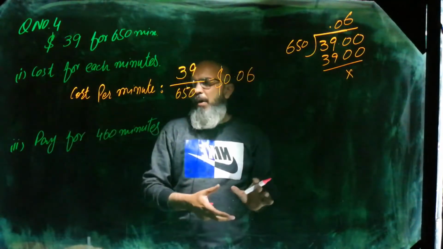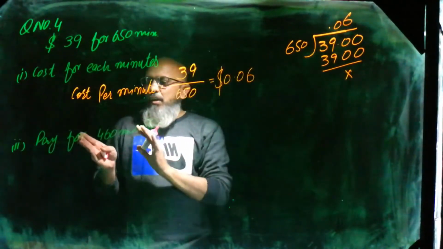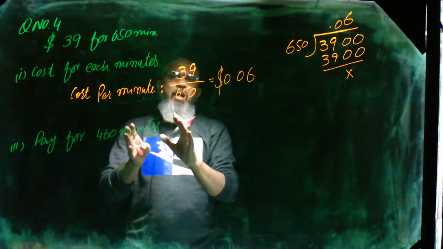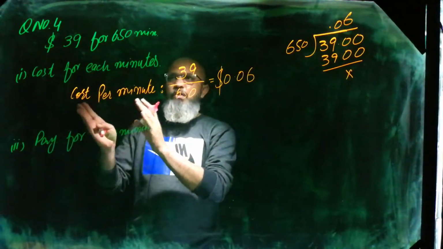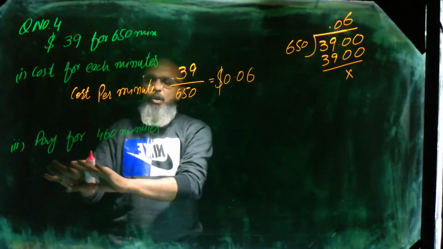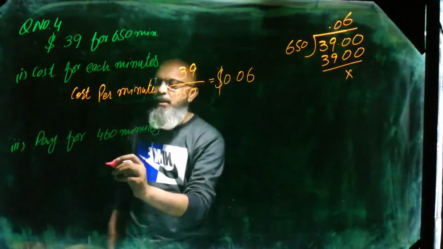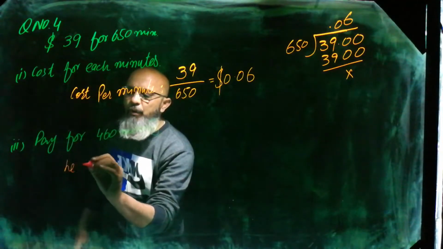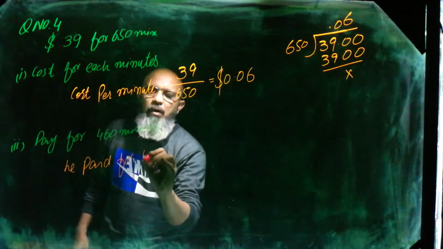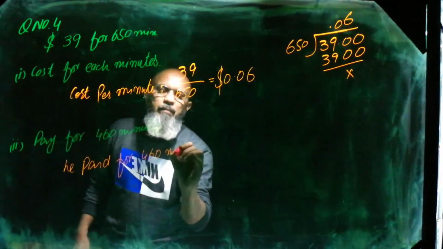Now in the second part of the question we have to find how much he paid for 460 minutes. Okay, now we have the cost for each minute, that is 0.06. So we can easily find the cost of 460 minutes.